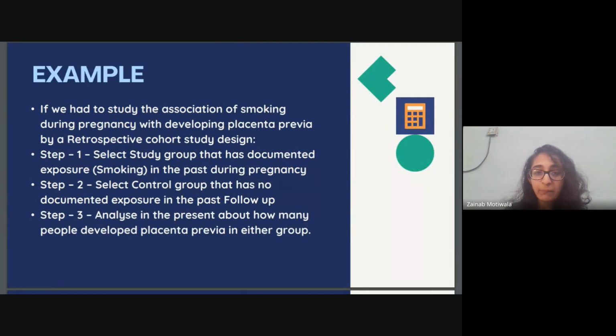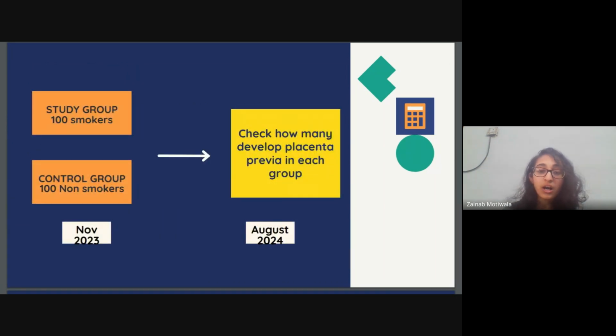Now, a good example to explain this: the first step would be selecting a study group, that is the exposure group, smoking, versus the non-exposure group, which in this example is non-smokers. And then analyze in the present how many actually develop placenta previa. A good example with respect to timeline would be that we're right now in September 2024.